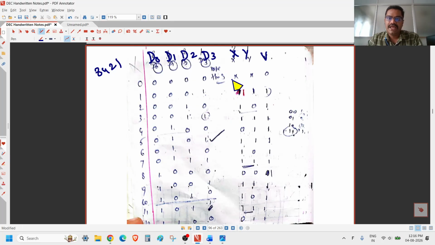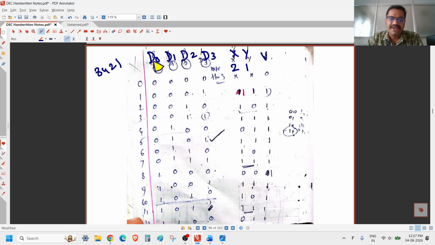The outputs are very simple. You can consider X as a 2 and Y as a 1. First I'll explain the concept of X and Y, and after that we'll move on to V. In this input, you can see D0, D1, D2, and D3.